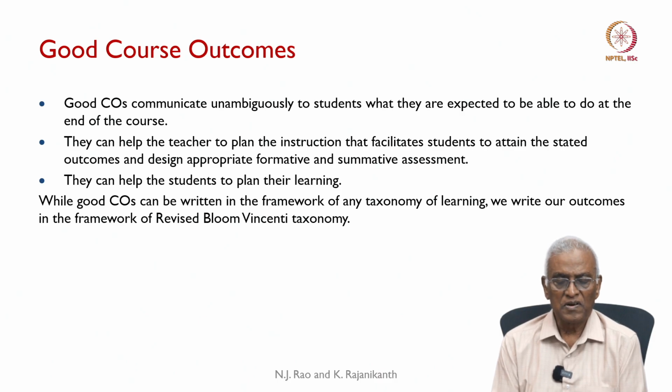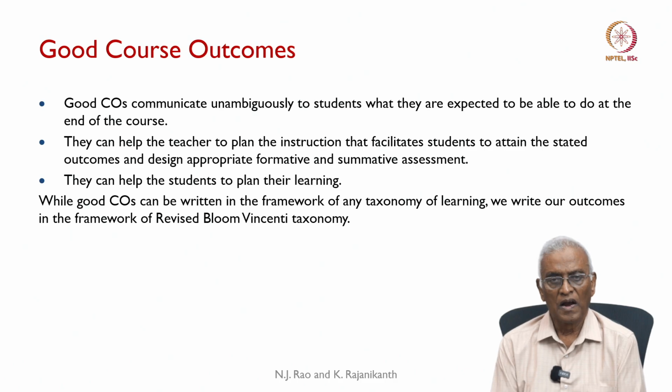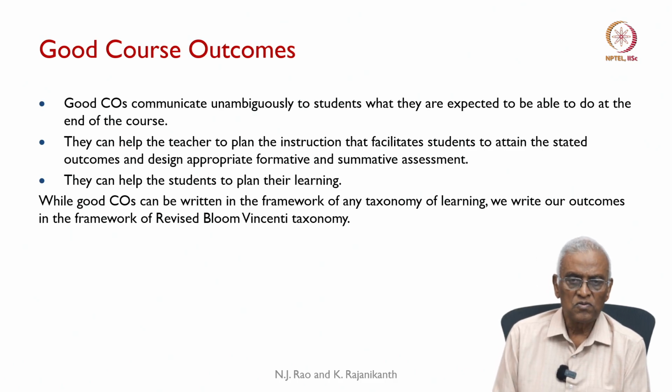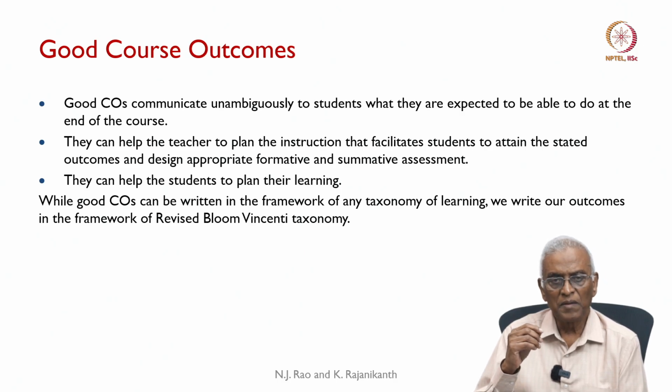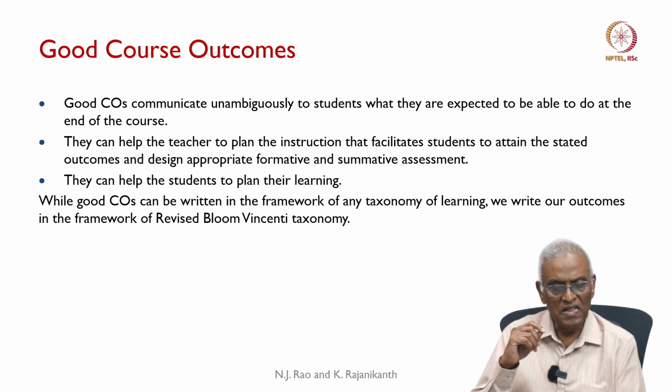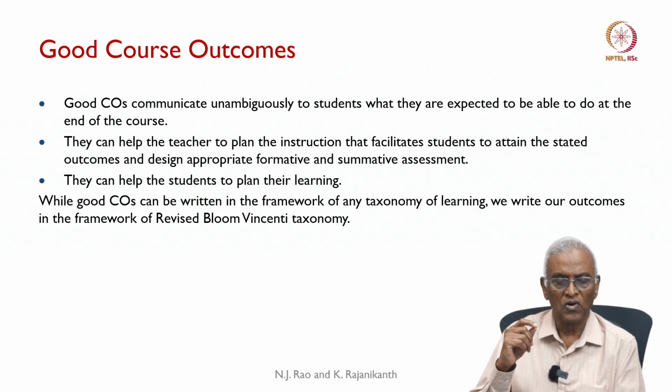For example, our current practice is to give a list of topics and refer to, let's say, 2 or 3 textbooks. But just merely mentioning the topic doesn't tell the student to what extent, to what depth he should pursue that particular topic. What is it that he needs to learn in that?